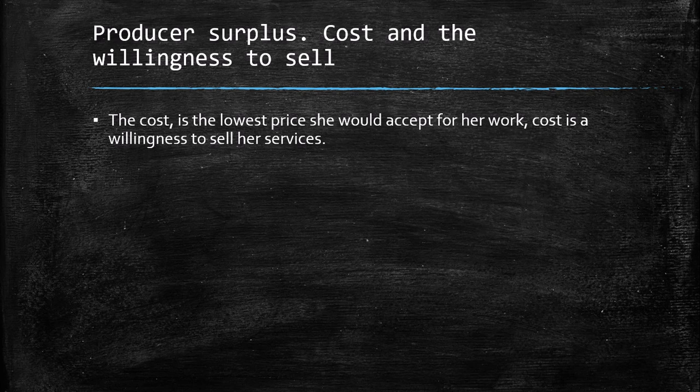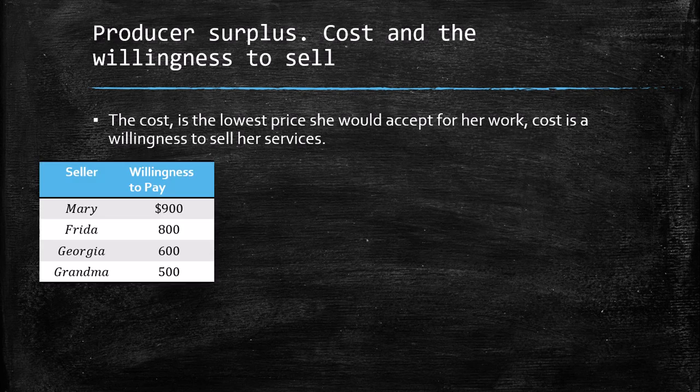If you are going to offer a service, but the price that they are going to offer you is less than the cost that you have to face, the cost is higher than the payment. So you're not going to offer this product.